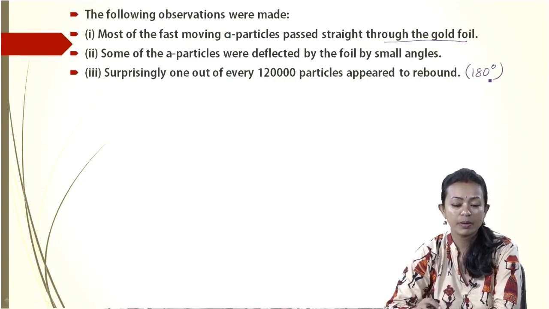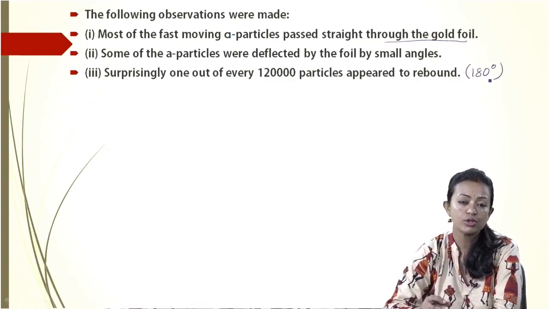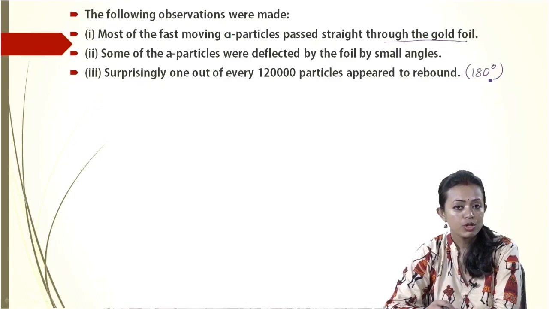So this experiment absolutely changed the concept of atomic structure which Thomson had formulated. Because according to Thomson, both the positive and the negative charges are uniformly distributed in the atom, and thus, because of this uniform distribution, the atom is electrically neutral.